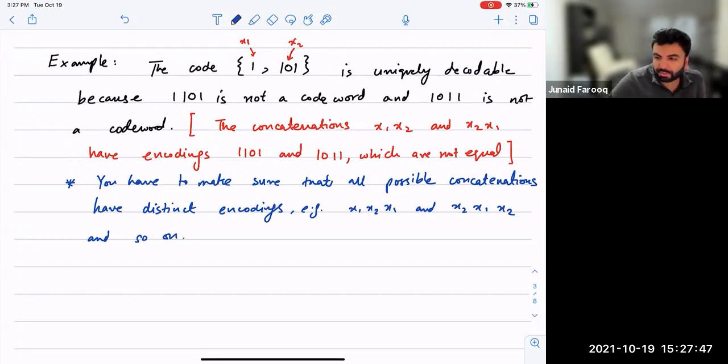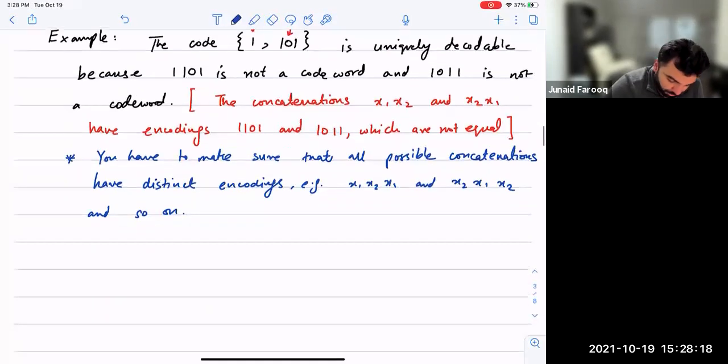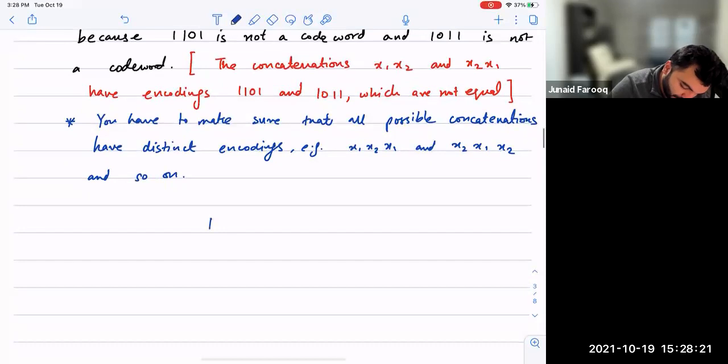In this binary case, it's simple because the moment you attach x1 and x2, it turns out to be different from x2 and x1. So it's not likely to have any concatenation that will upset this matching, or anything that will have an overlapping encoding. But let's say you have three symbols, and one of them is 1, the other is 0, and the next one is 10.